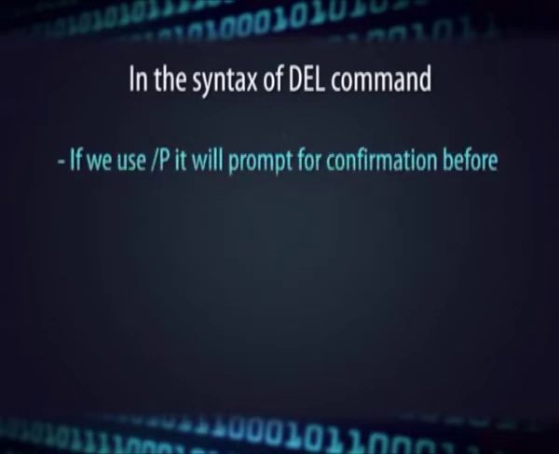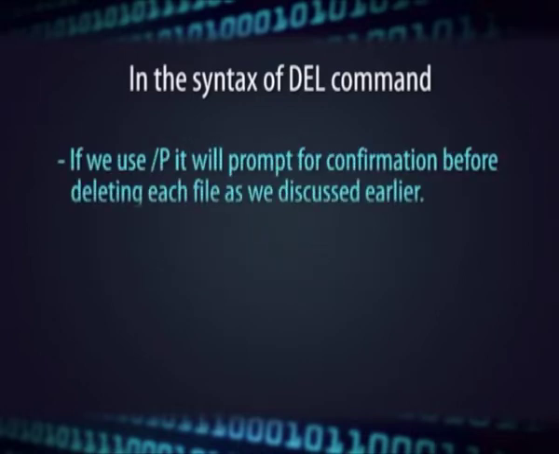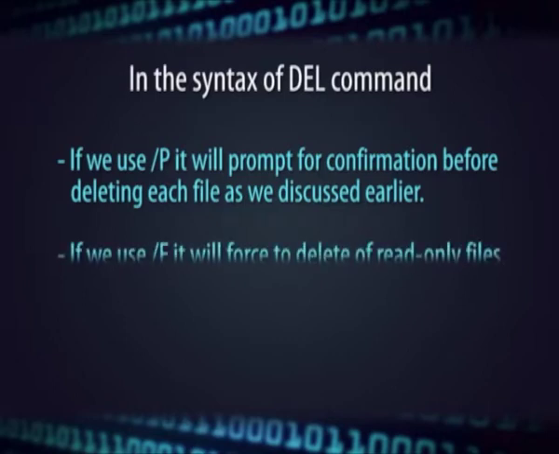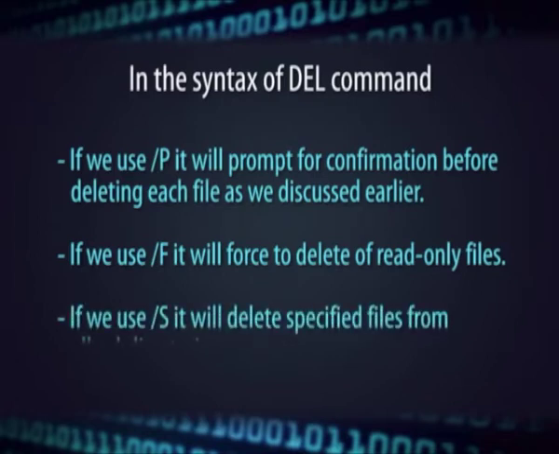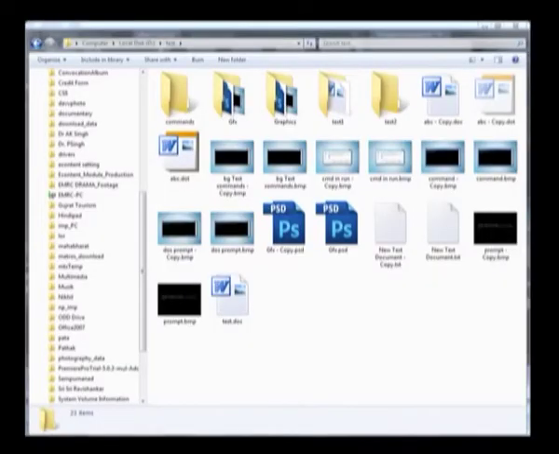If we use /p, it will prompt for confirmation before deleting each file as we discussed earlier. If we use /f, it will force deletion of read-only files. And if we use /s, it will delete specified files from all the subdirectories. For example, in the test folder, various files and folders are available.